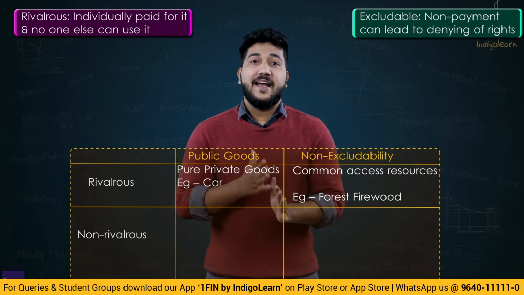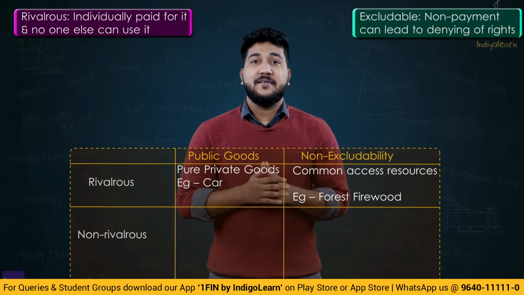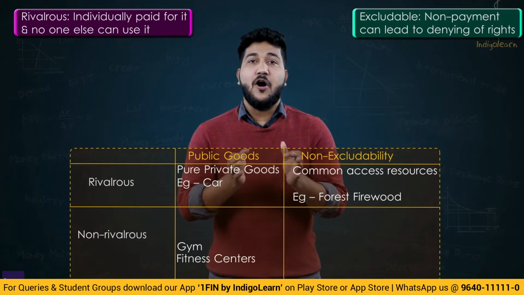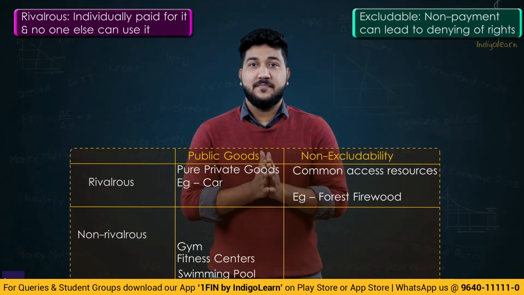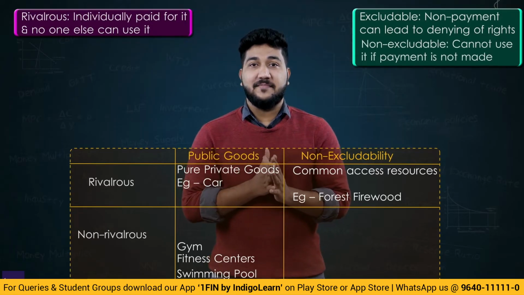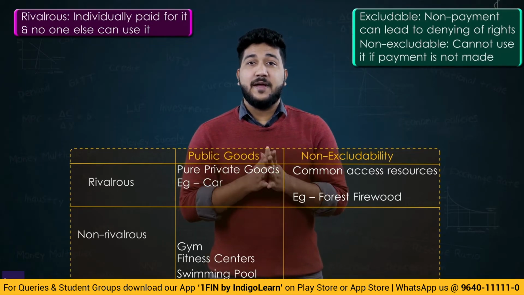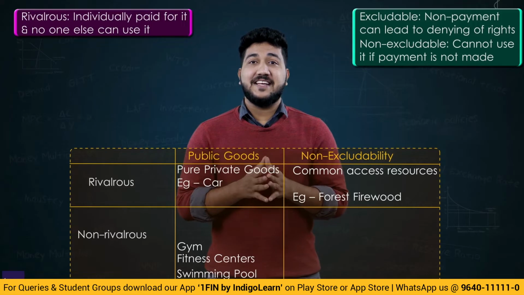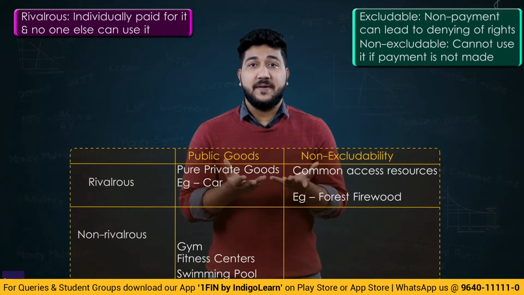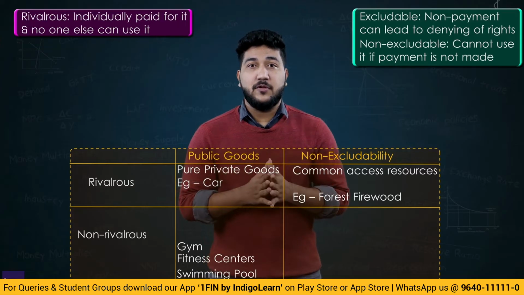Right? An example for this product would be your gym or fitness centers, or let us say your swimming pools. Let me take the example of a swimming pool. Imagine in your city there is a swimming pool with an entrance charge of 100 rupees, which means if you do not pay 100 rupees, you cannot enter the swimming pool, right?